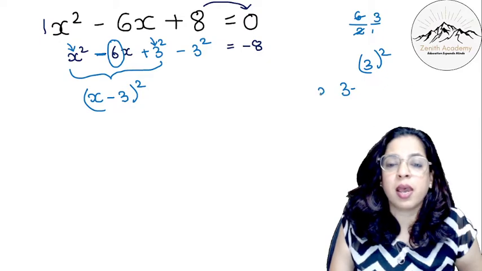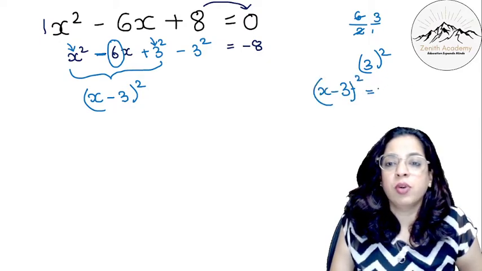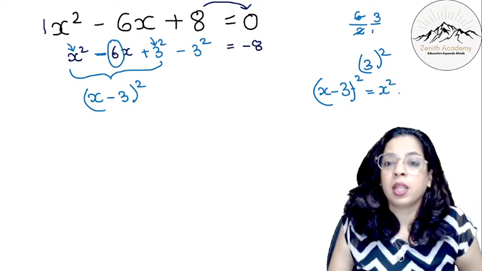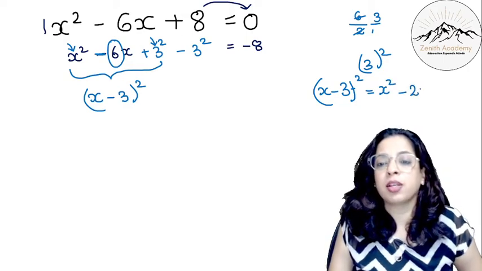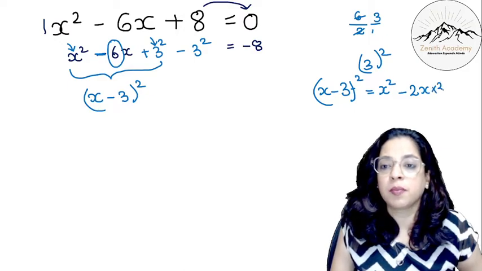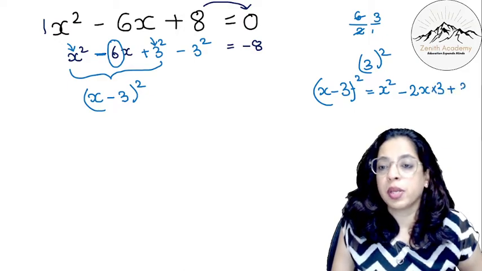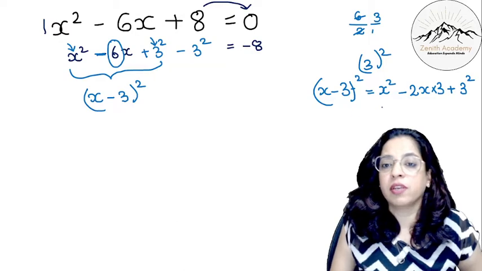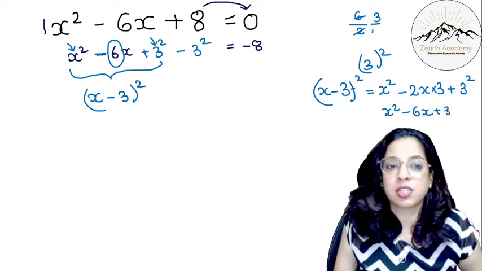See, x minus 3 whole square is equal to x square, now minus 2ab, so minus 2x into 3, plus b square, so plus 3 square. So it will give you x square minus 6x plus 3 square.